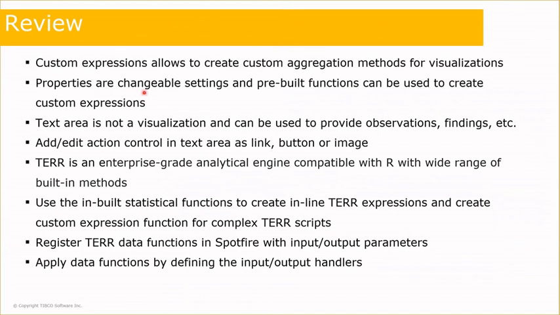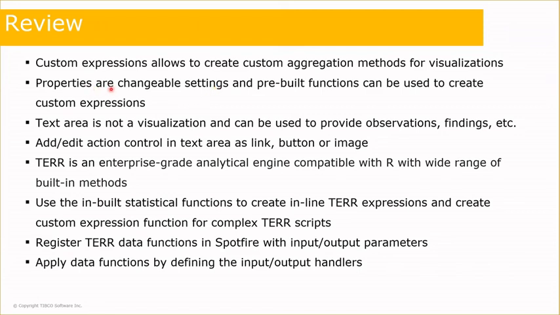Okay, so in this session, we have seen how we can create custom expressions, which allow us to create custom aggregation methods to be used in the visualization axis. It could be x-axis, y-axis, color axis, size axis, anything.